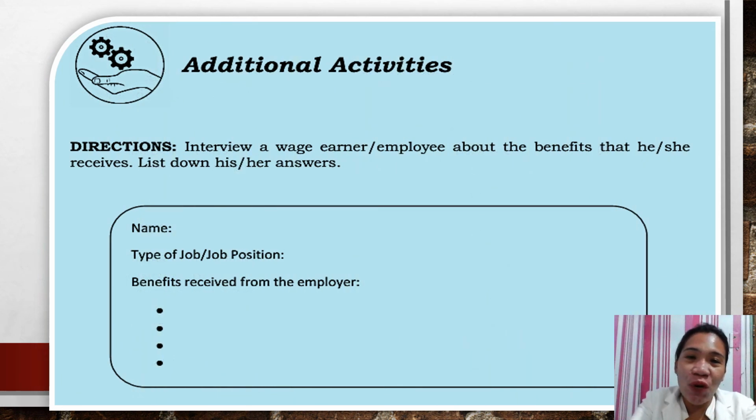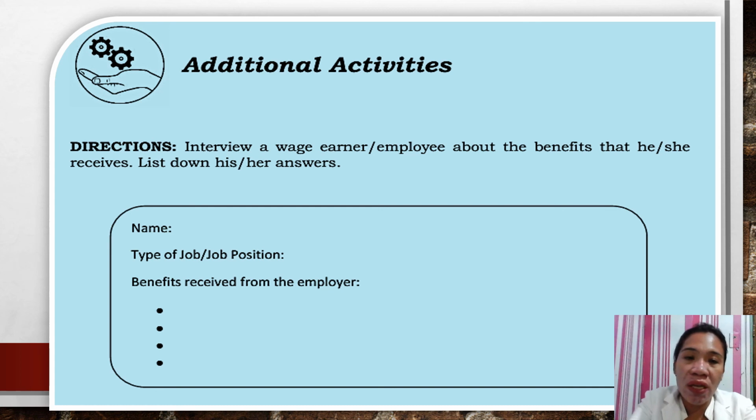Next is, okay class, for your additional activities, you will empower the technology, meaning you are going to use your gadgets and your cell phones using your messenger app, WhatsApp, Viber, or any means of communication. Here, you are going to interview a wage earner or an employee about the benefits that he or she receives. List down his or her answer.